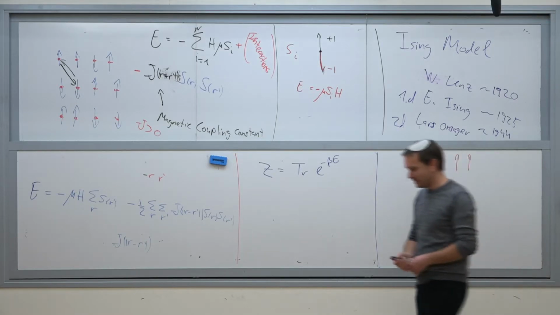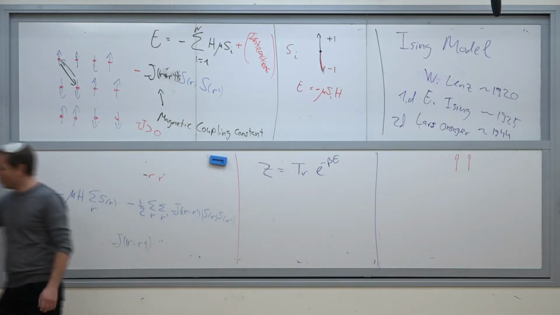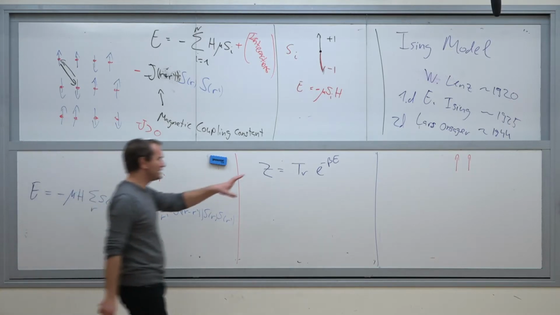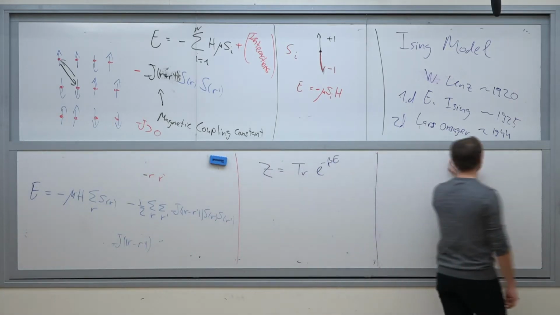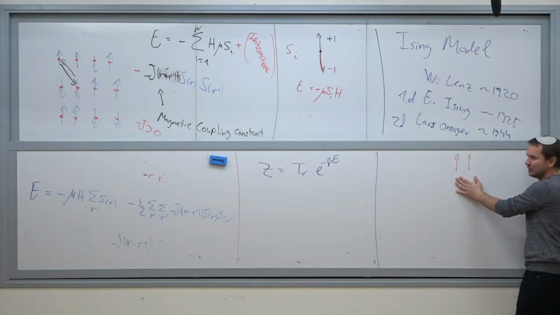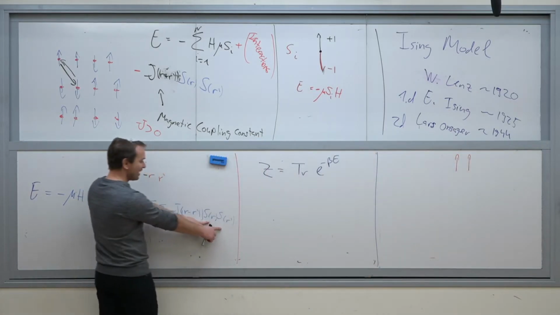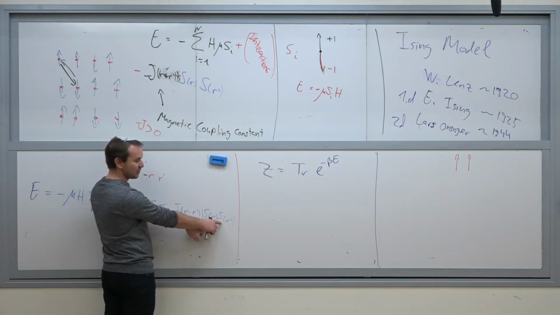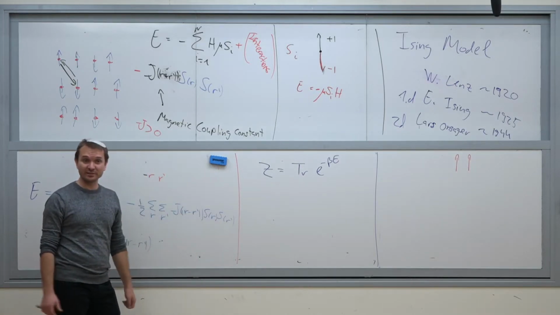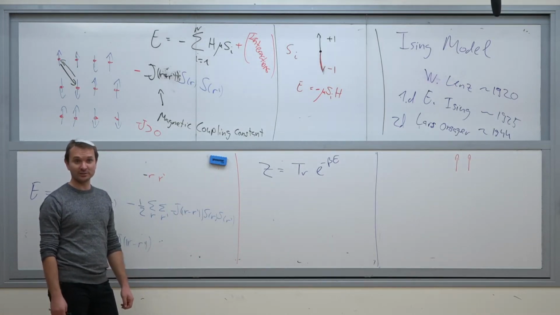Now, what are all the possible eigenstates and eigenvalues of those spins? In order to write this down, I should go here. Write, instead of S of r and S of r prime, the operator S_r and the operator S_r prime.